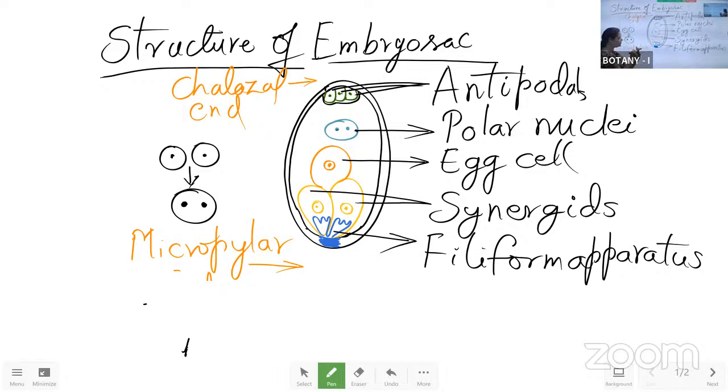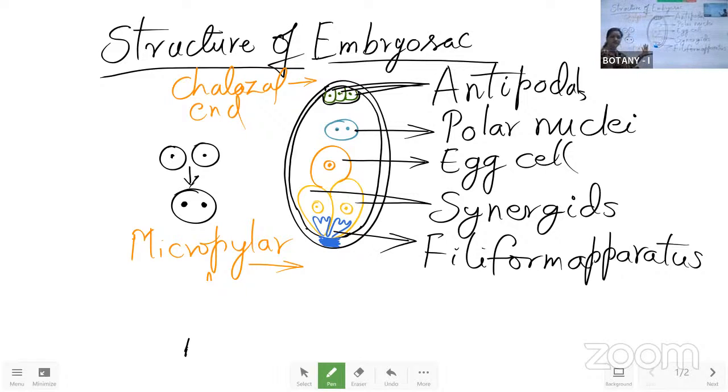The filiform apparatus present in the synergids will make the free entry of a pollen tube into the embryo sac. And one more function: the synergids will give the nutrients and the space for the further development of the egg cell for the fertilization process. So this much we have to write and wind up this answer.